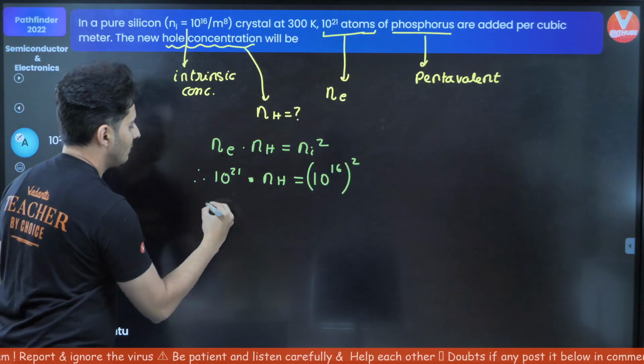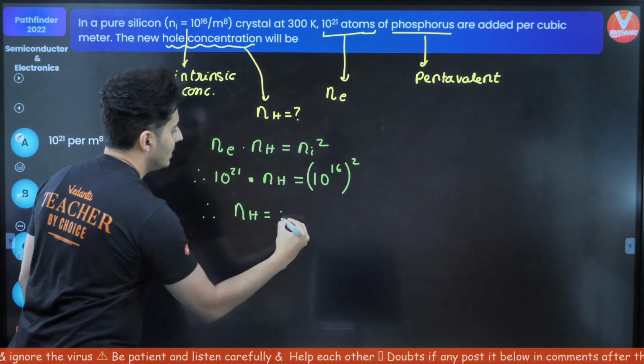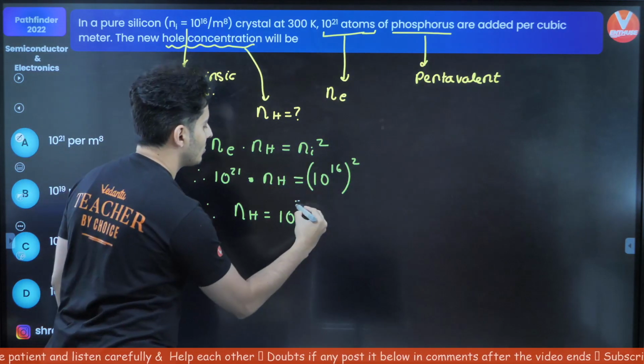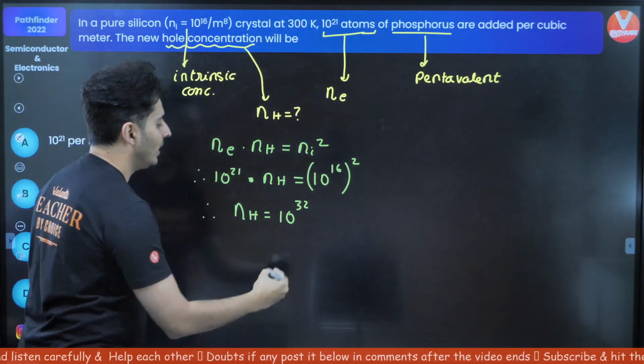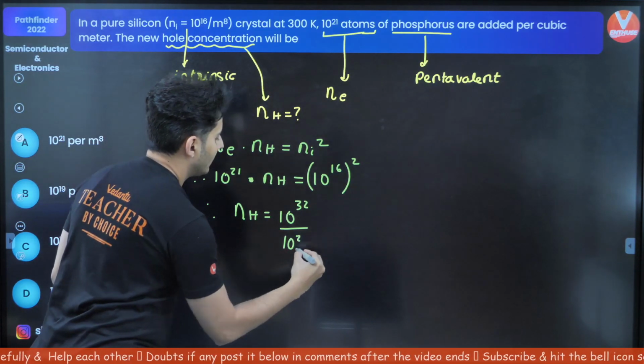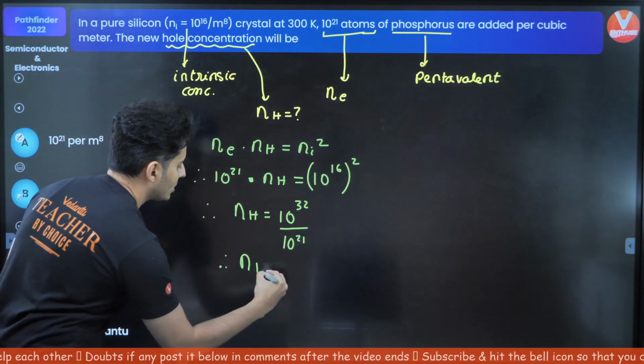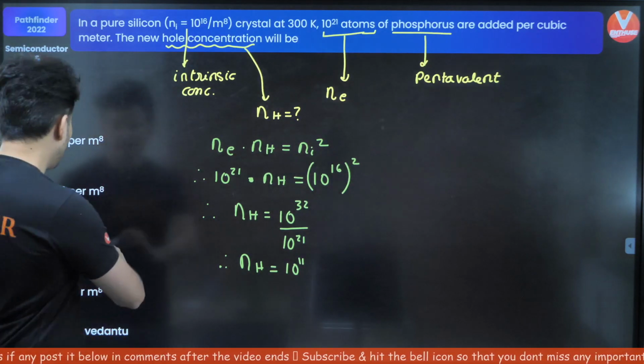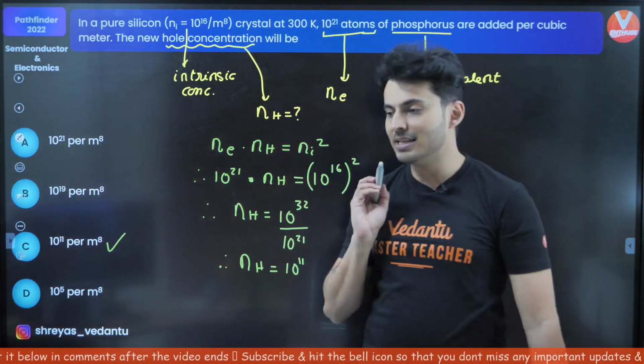So NH will be 10 to the power 32 divided by 10 to the power 21. So that comes below. Therefore NH will be 10 raised to 11. Is it there somewhere? Yes, option C.